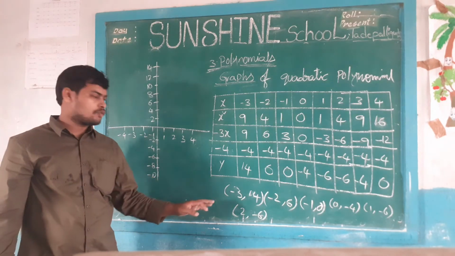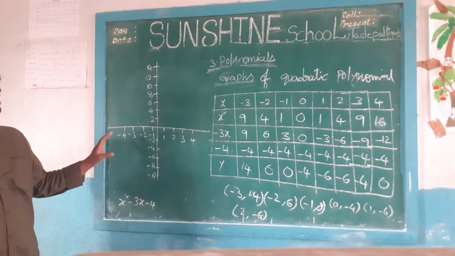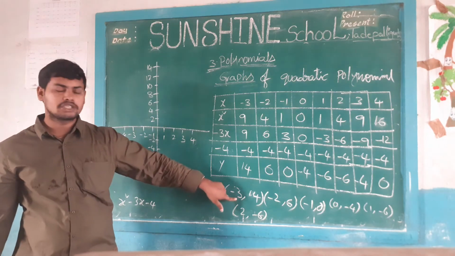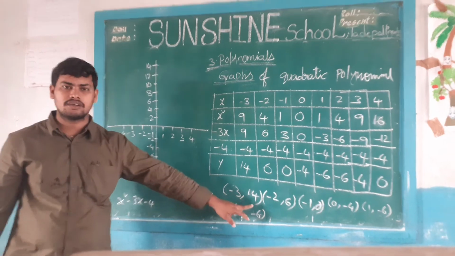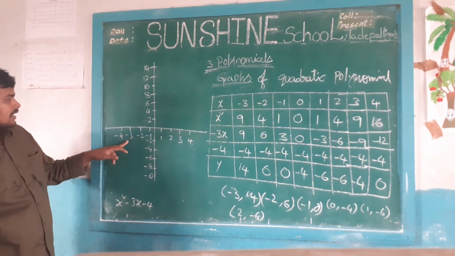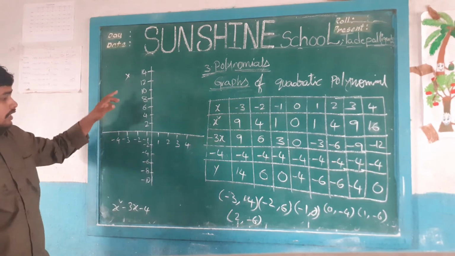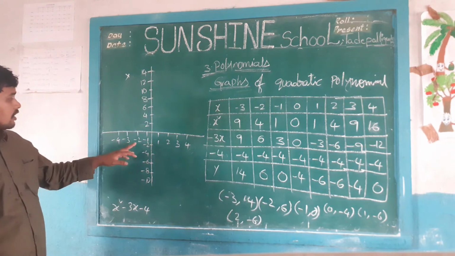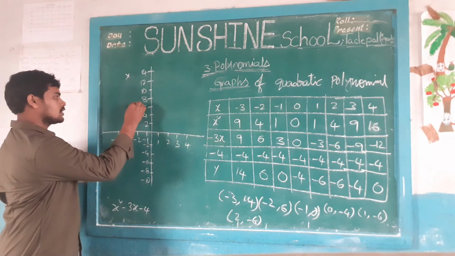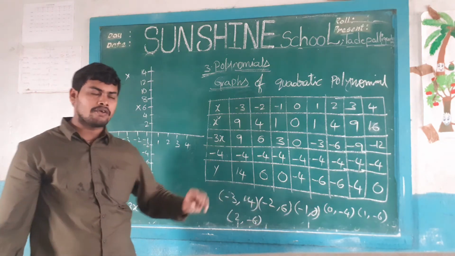Now we have to locate the points on the given graph sheet. First point: x value minus 3, y value 14. Next, x value minus 2, y value 6. Next, x value minus 1, y value 0.